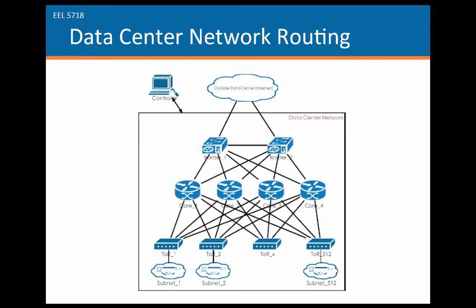So, data center network routing. Here's a typical topology of a data center network. In this case, and this is what we're using for the simulations, we have 512 top of rack switches and 2 levels of routers, the core and the border level.